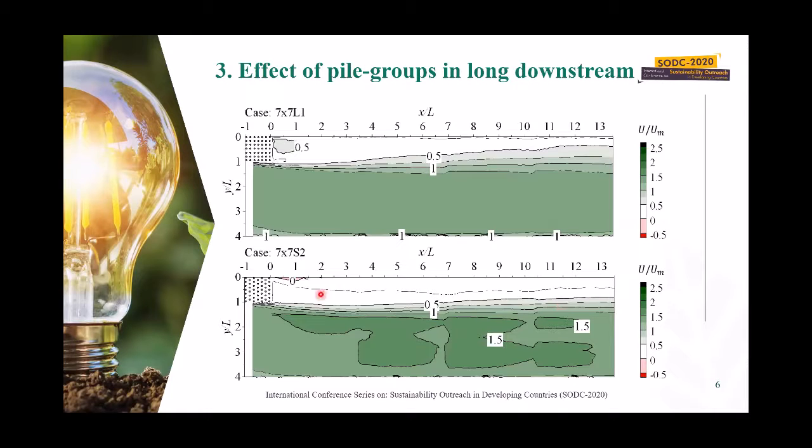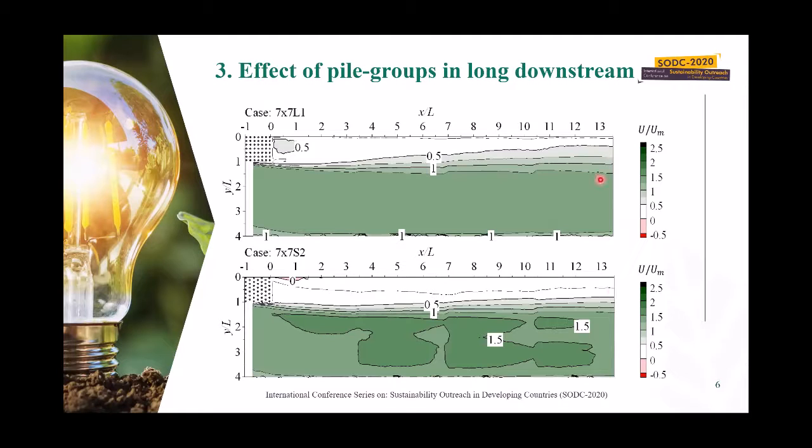It also shows a good feature of the type S2 pile arrangement: although they have the same number of piles, which is almost 50 piles, only the arrangement is different. Therefore, if we change the arrangement of the piles, it can protect the riverbank up to a long downstream distance.